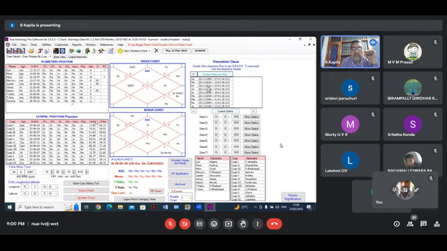Now the question here is that having a Punarphu Yoga does not always mean that the marriage will happen at this particular time period or beyond it. So I also have to check whether it is possible that the marriage can happen during the Dasha of Ketu or not.